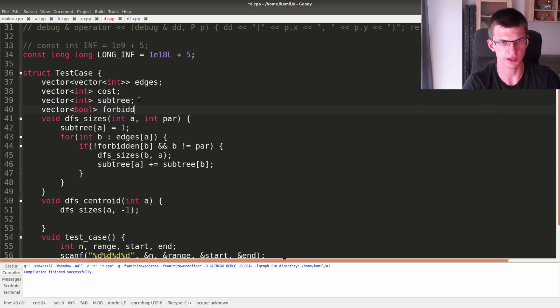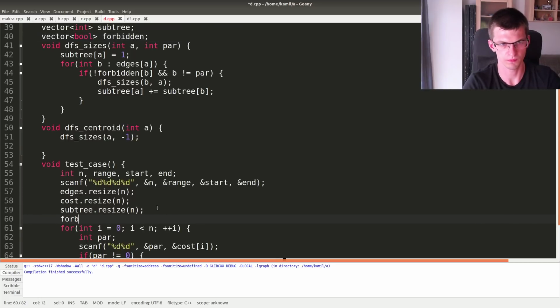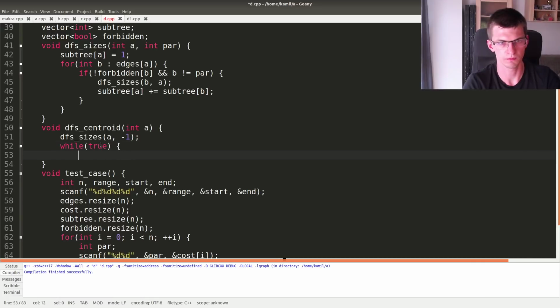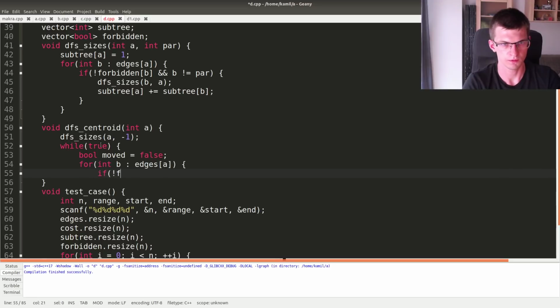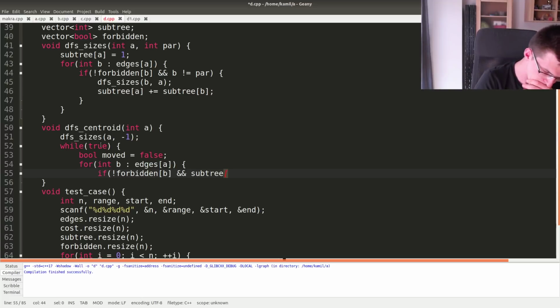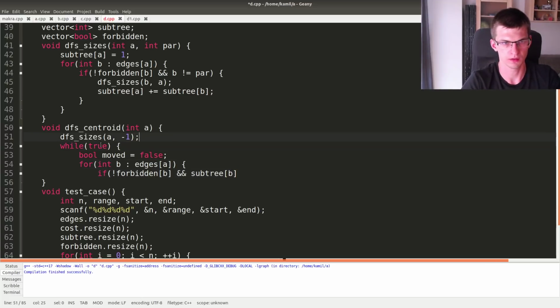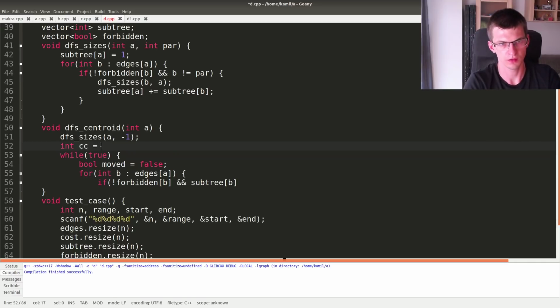Forbidden is for something outside of this part of a tree in centroid decomposition. Not forbidden. Subtree of M of B, this is size of my connected component, greater or equal this over 2.